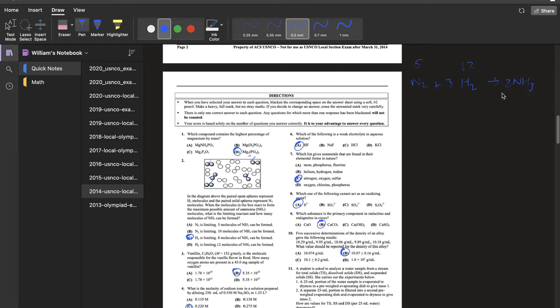So, obviously that's not a precise ratio. It's not the one we want, which is 3 to 1, so there's going to be a limiting reactant that comes into play here, and that would be H2, because 12 over 5 is less than 3 over 1. So H2 is limiting, so we're using 12 of H2, but we're only using 12 over 3 equals 4 of N2, so that means we're making 8 of NH3. So that's why we would choose C.